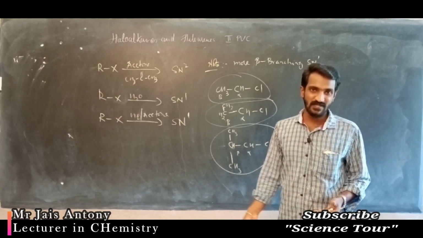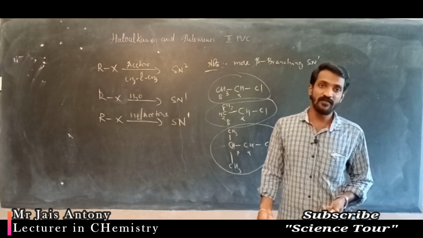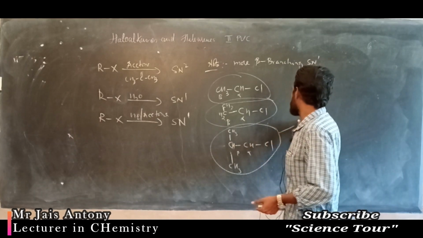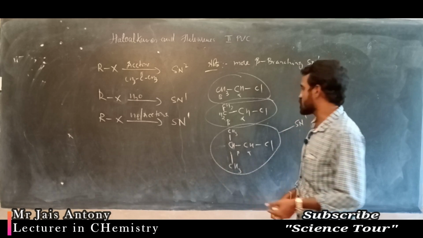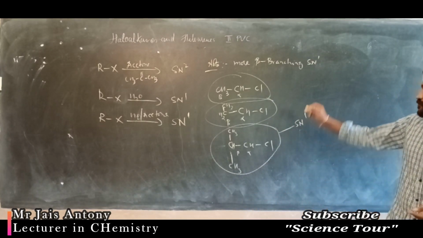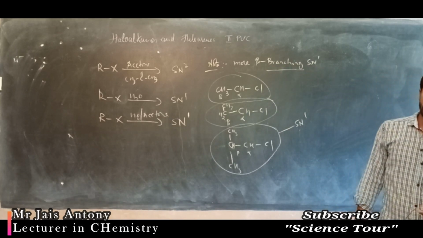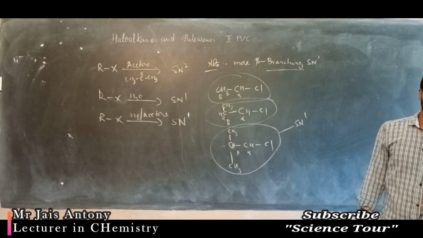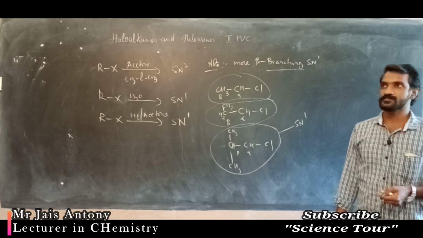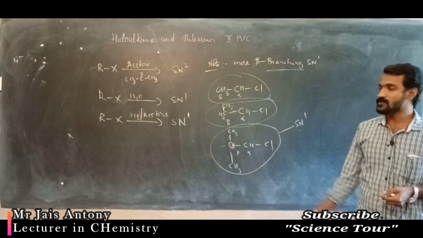That means the branching is more. The one having more branches favors SN1 more. Which one favors SN1 most? This one. Clear? It is very important. This is the point: the more the beta branching, the more it favors the SN1 reaction. No doubt.